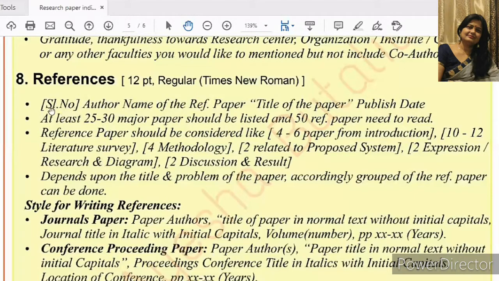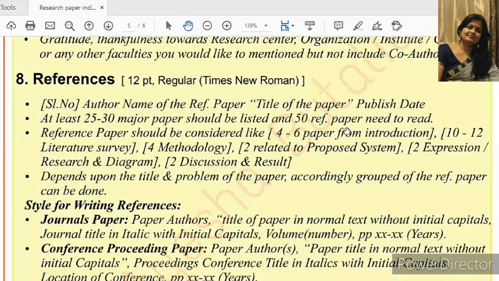You have the serial number 1 2 3 4, then the author name of the reference paper, then the title of the paper in quotes, and when it was published. At least 20 to 25 to 30 major papers should be listed, and 50 reference papers need to be read.